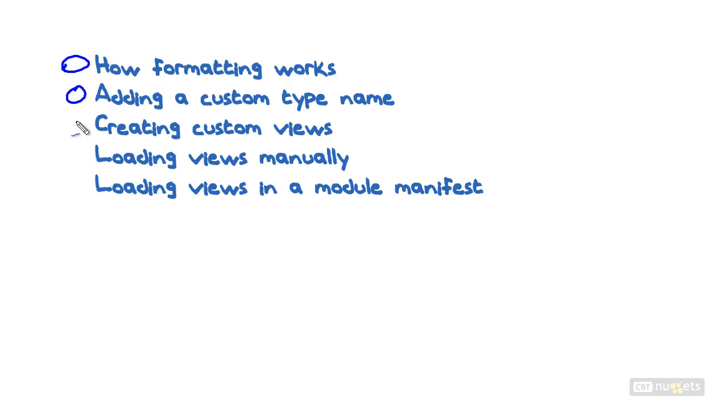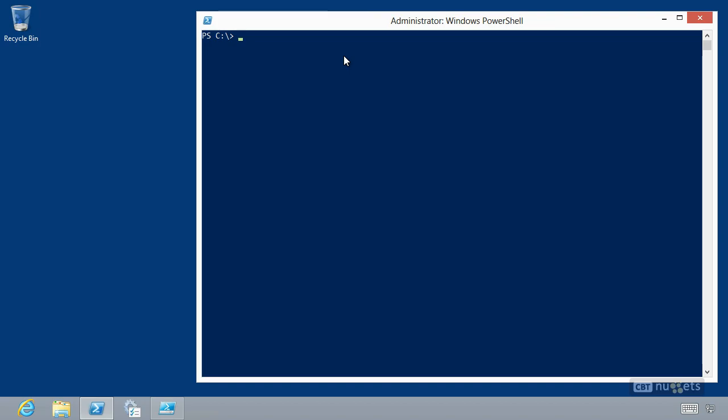And then I can get on to actually showing you how to make those views and how to load them into memory, both manually and, this will be the cool part, automatically as part of a module manifest. Let's dig in.